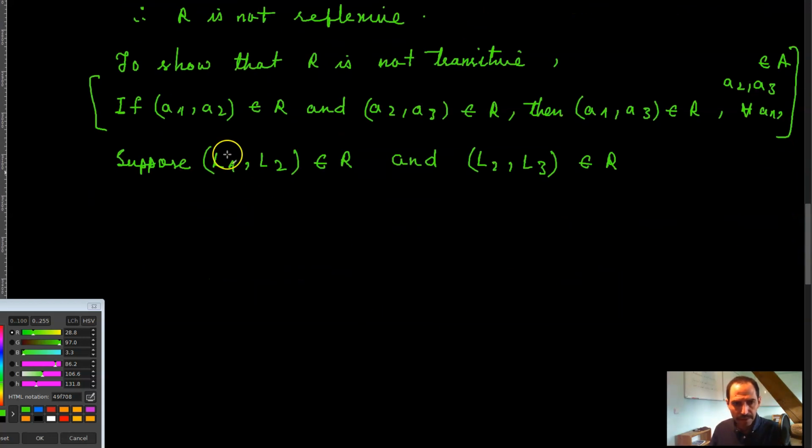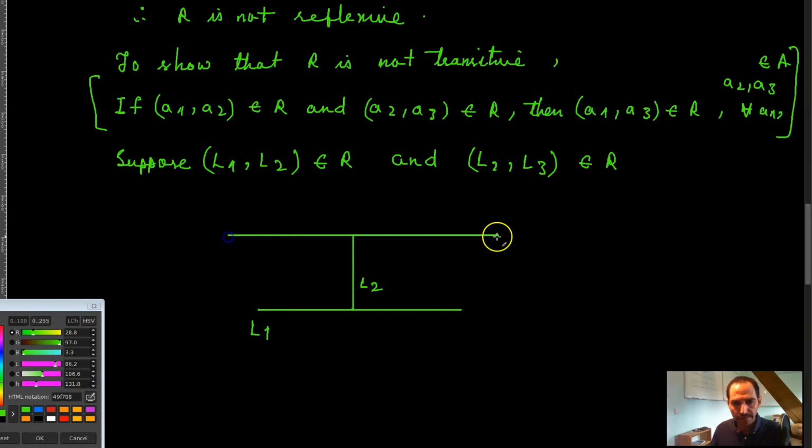So there would be some situation like this. Let's say this is L1, this is L2, and this is L3, right? L1 is perpendicular to L2, L2 is perpendicular to L3. Now you can see that L1 and L3 are not perpendicular. L1 and L3 are parallel lines.